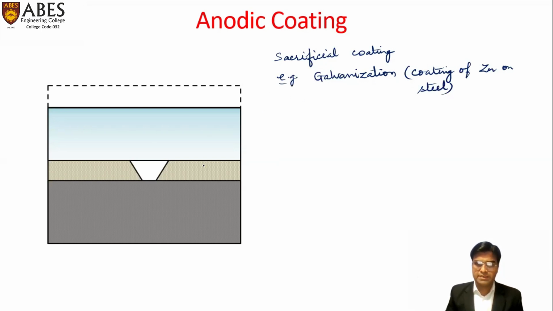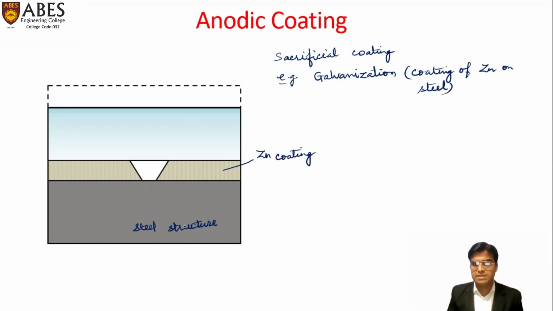So we can understand it with the help of a diagram. Suppose this is the steel structure, and it is covered with the zinc coating. So here we have zinc coating.